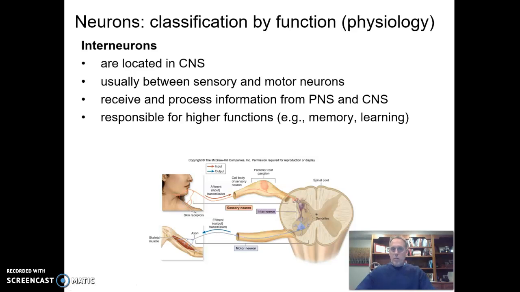Now I'm going to zip through this. We talked a little bit about this earlier and talked about interneurons themselves. The interneurons actually allow the body, like I mentioned, to function at a much higher level. And like we talked about previously in that hockey player example, if the actual processing were to go through the entire loop of the central nervous system back down to the peripheral nervous system, it would never happen.